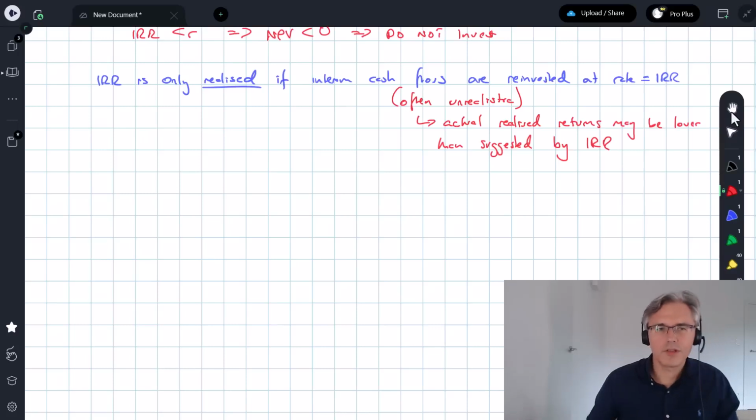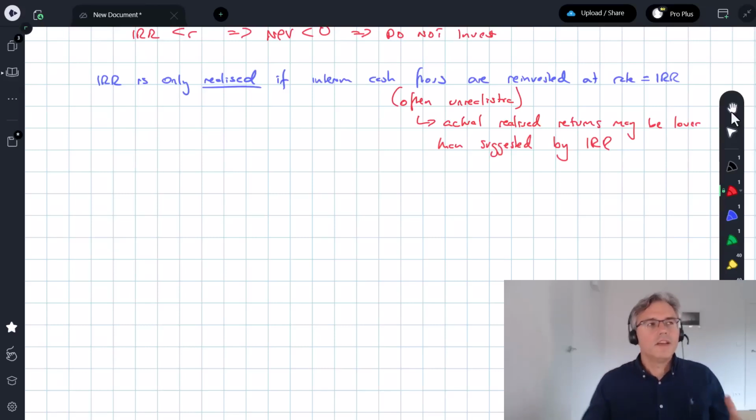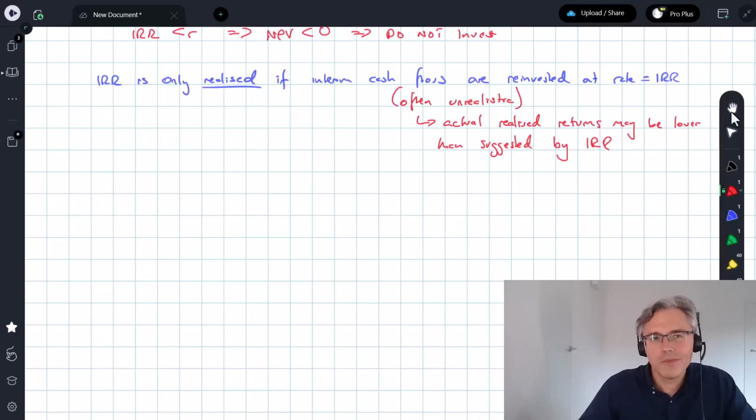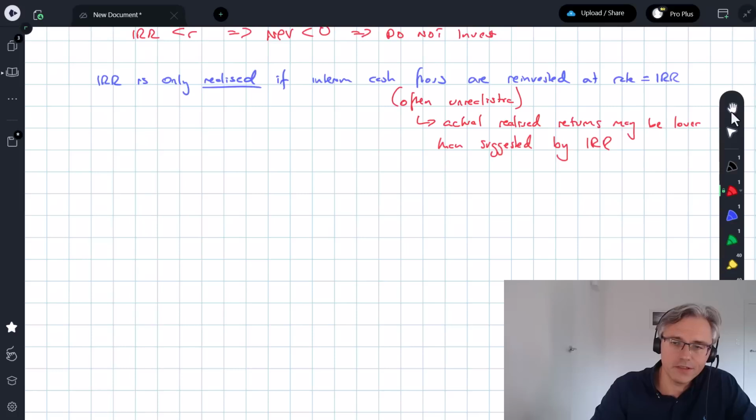It's only with projects that generate virtually no interim cash flows until their end date, so something like a zero coupon bond within fixed income, that do not suffer from this risk, this so-called reinvestment risk, and this is explored a lot more within fixed income.